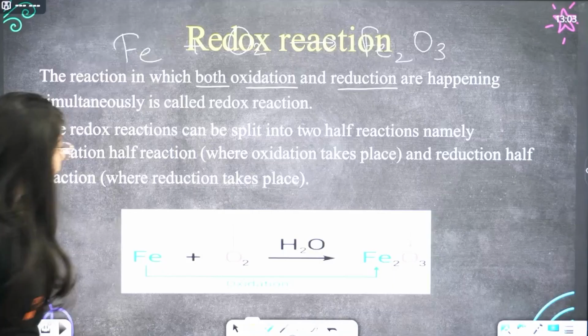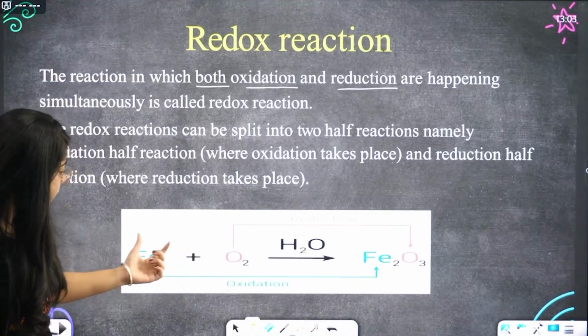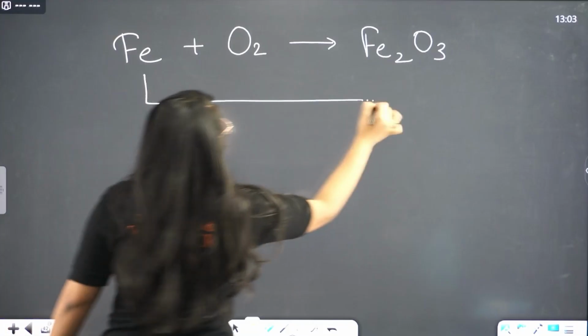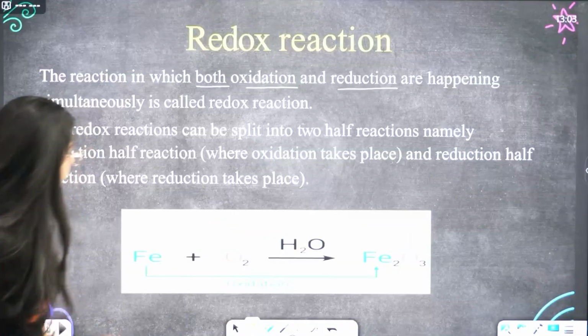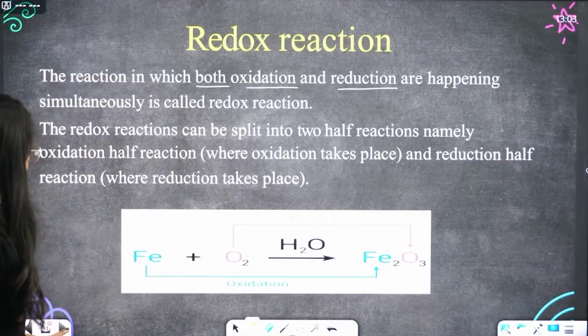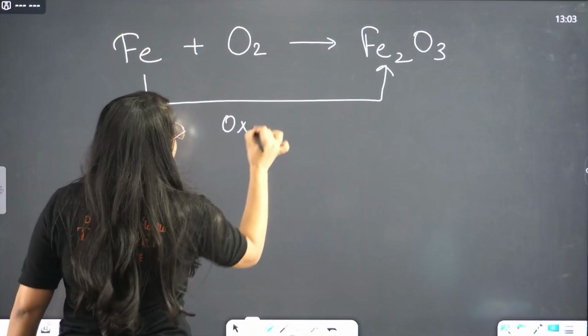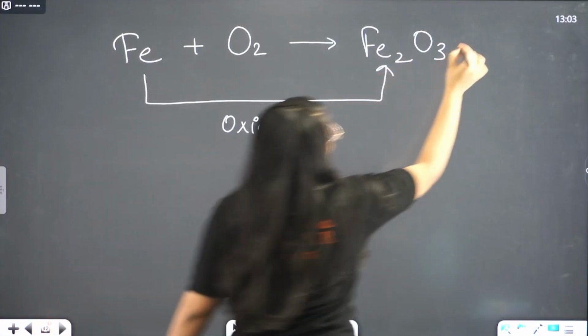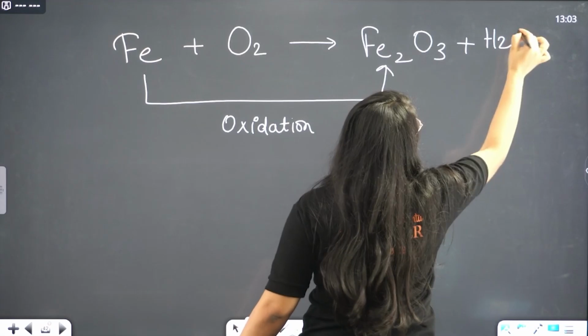Now understand that iron is gaining oxygen. Understood? That means it's oxidation. And water also comes out, H2O.